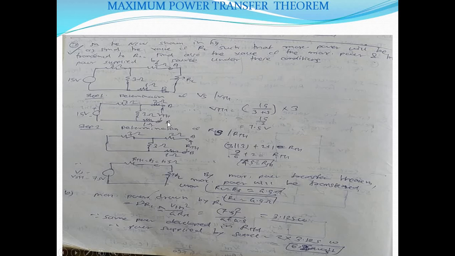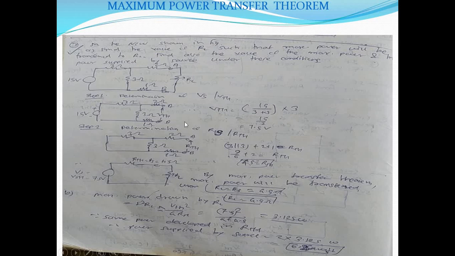What is the second step? Calculation of RS or RTH, the equivalent resistance. In this case, we'll open circuit the load terminals A and B, and all other energy sources are replaced by their internal resistance. That is, if a voltage source is present, it will be replaced by a short circuit, and if a current source is present, it will be replaced by an open circuit.